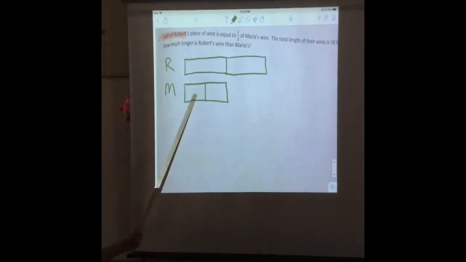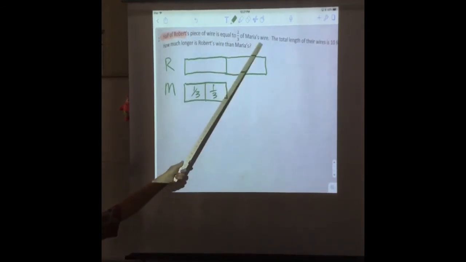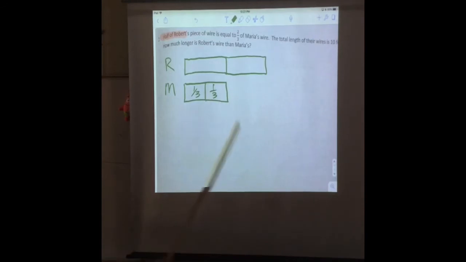So Maria's wire is 1/3 here, 1/3 here. It says half of Robert's piece of wire, that means half of this wire, is equal to 2/3 of Maria's wire. So Maria, we need to add in another what? Third, that's right.